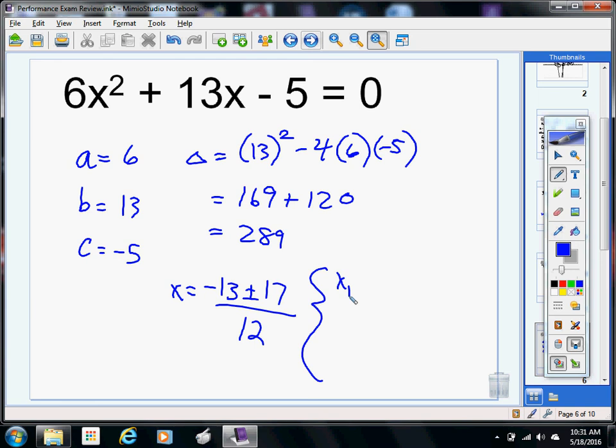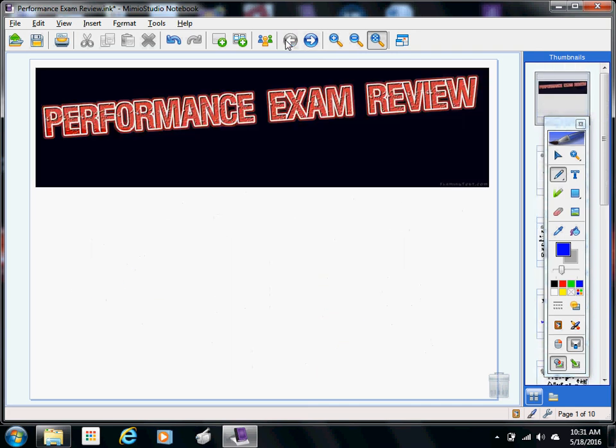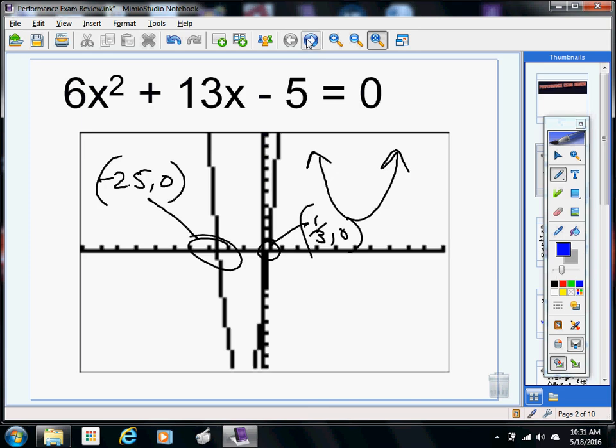One of the answers is negative 13 plus 17, which is 4/12, or 1/3. Negative 13 minus 17 is negative 30 over 12. Negative 30 over 12 reduces to negative 5 halves. So there's the third method. Guys, it doesn't matter which of the methods you do, they all work.